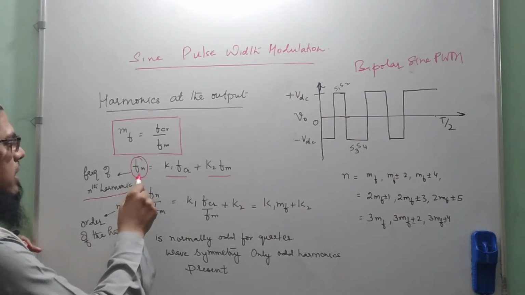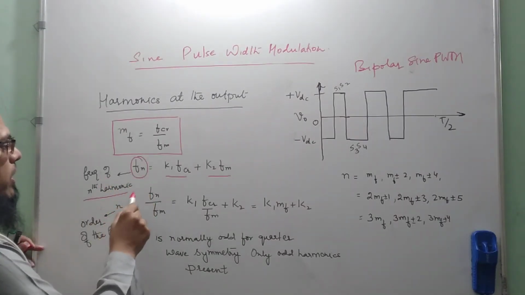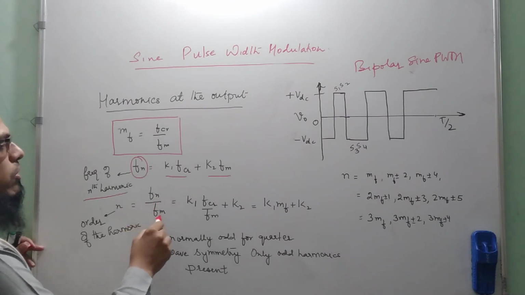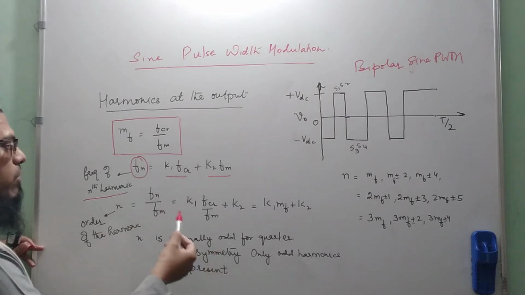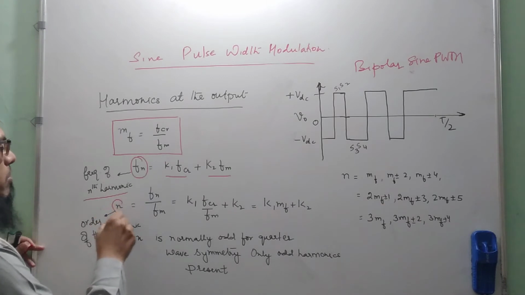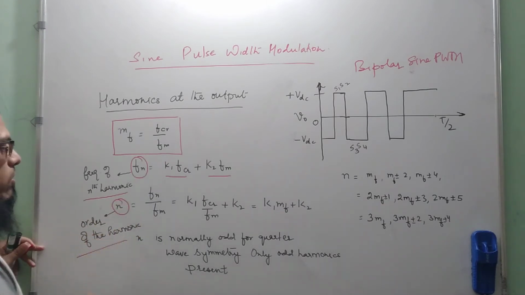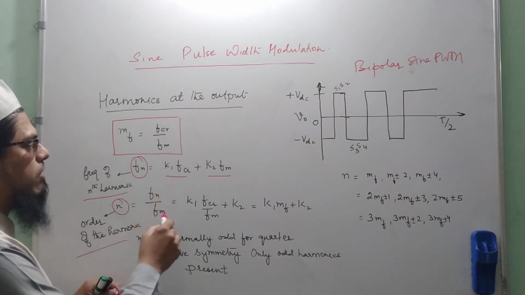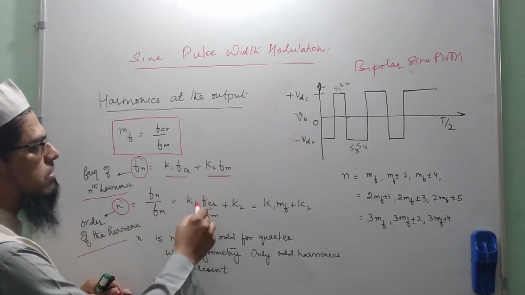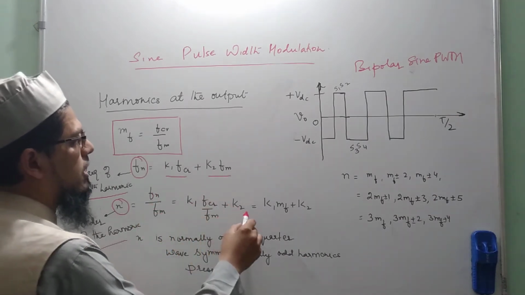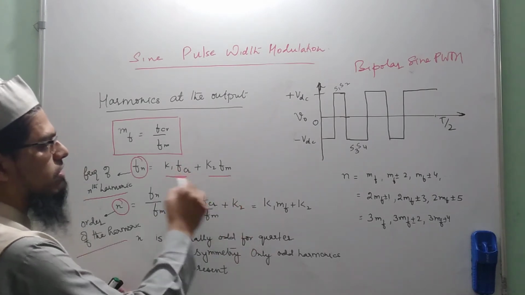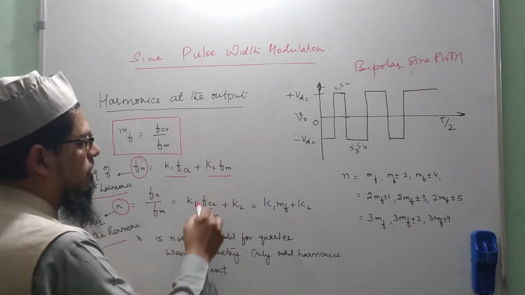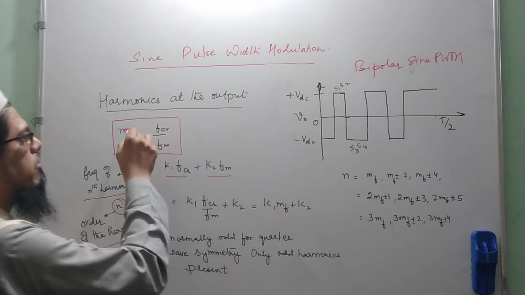If I divide this Fn, the frequency of the nth harmonic, by the frequency of the modulating signal, that is the fundamental frequency, let me call it n, which is the order of the nth harmonic. So Fn by Fm will be given by K1 times FCR by Fm plus K2, divided by Fm, and FCR by Fm is MF.